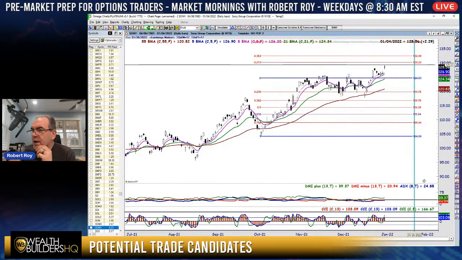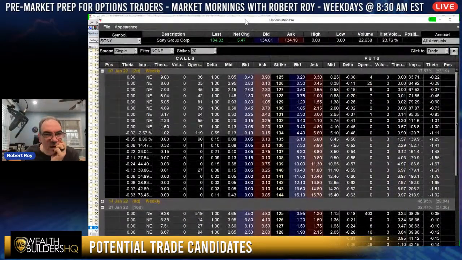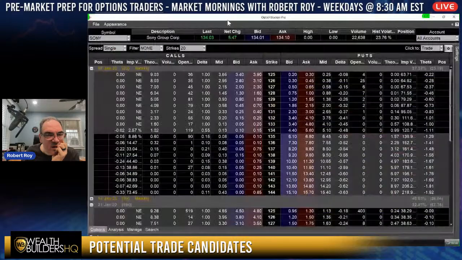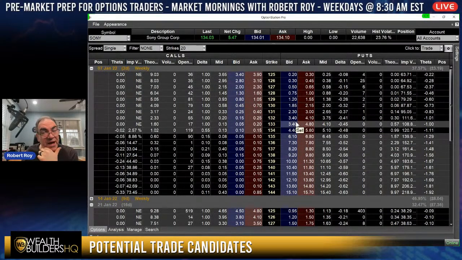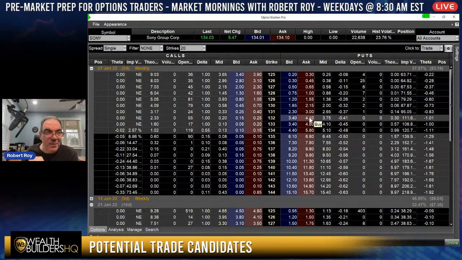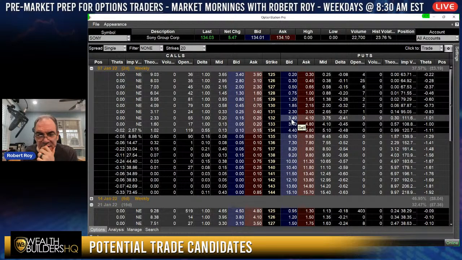As of yesterday, and let's see if we can extrapolate this out, we're looking at big bid-ask spreads on the options. So we're looking at the 132s, 3.40 by 4.10. We could sell that one.